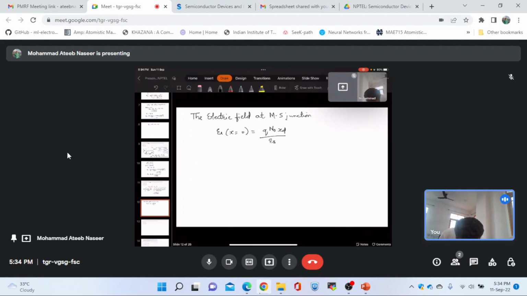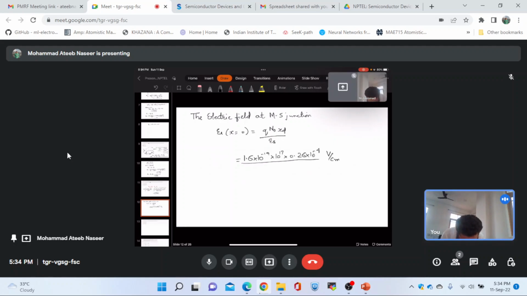So this has the value of 1.6, the electronic charge, into 10 raised to the power minus 19, into 10 to the power 17, into 0.26 into 10 raised to the power minus 4, in centimeters. Since we are interested in volt per centimeter, that's why we have used the centimeter units.